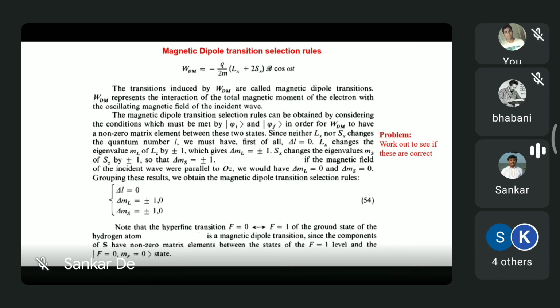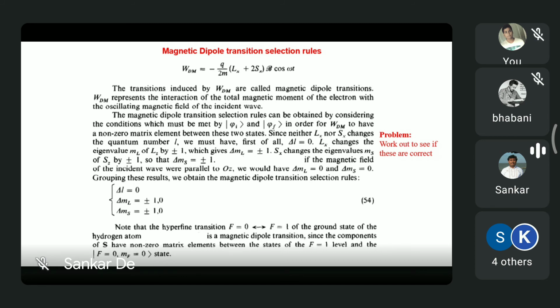So this hyperfine transition from the ground state to the excited state of hydrogen is a magnetic dipole transition. This is just one of the examples. Okay, so this is about the magnetic dipole transition.